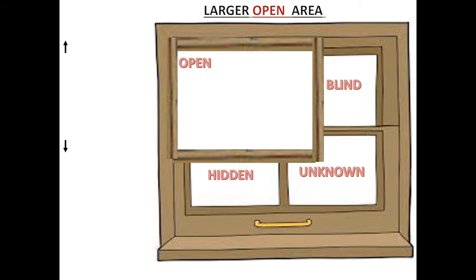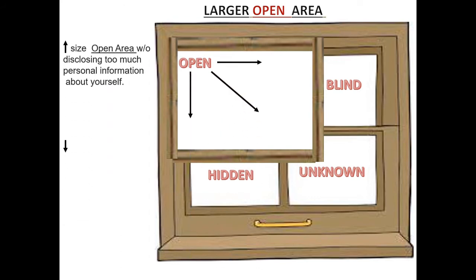And at all times, the very goal of the Johari window model would be to enlarge the open area. As you may see in the illustration, the open area is now being broadened compared to the blind, the unknown, and the hidden area.